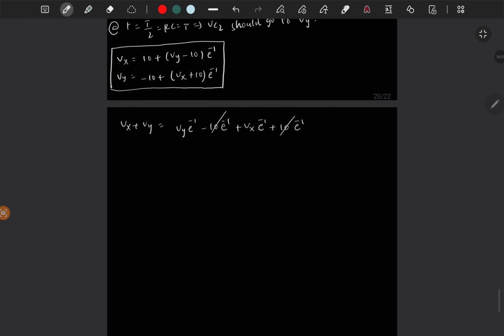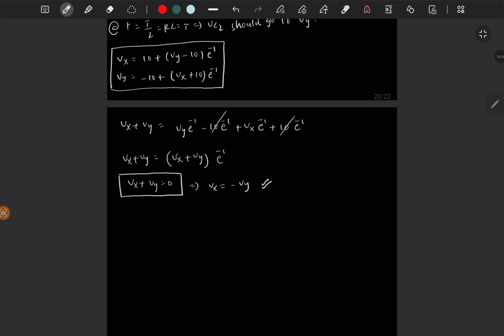This and this cancel. So Vx plus Vy is equal to (Vx plus Vy) times e power minus 1, which is possible only if Vx plus Vy is equal to 0, which means Vx is equal to minus Vy.